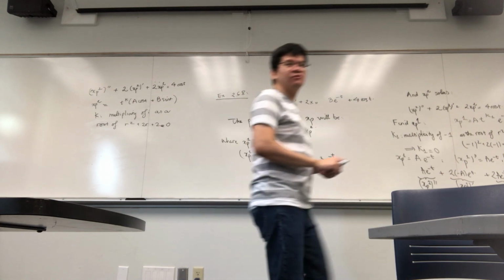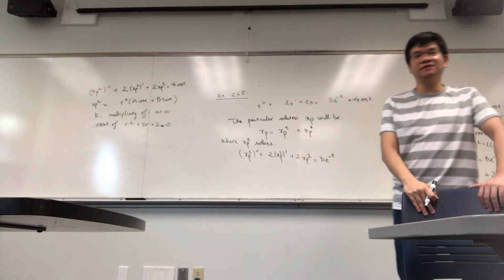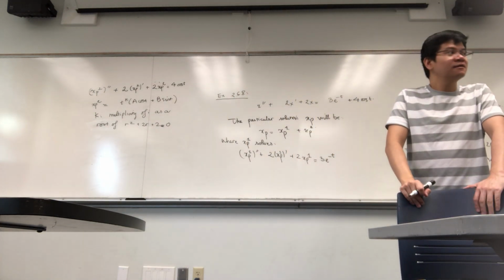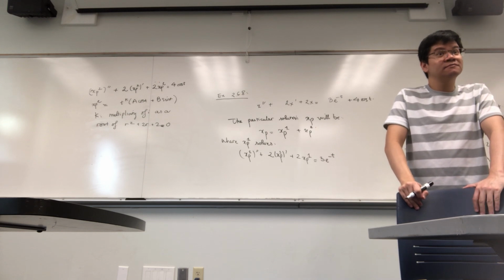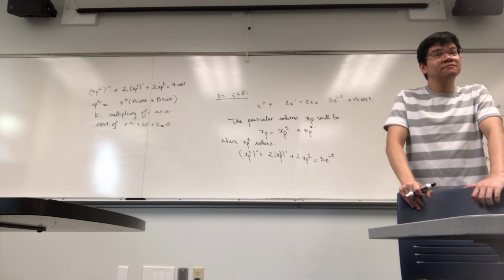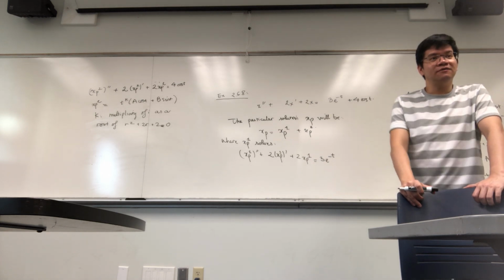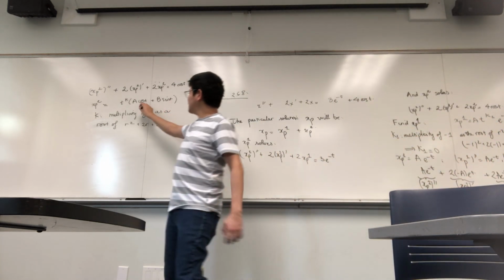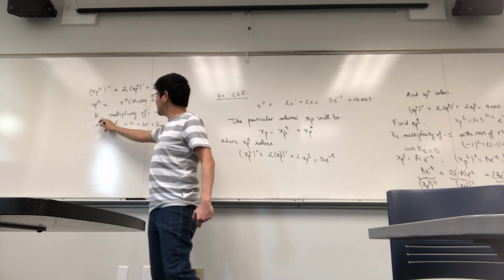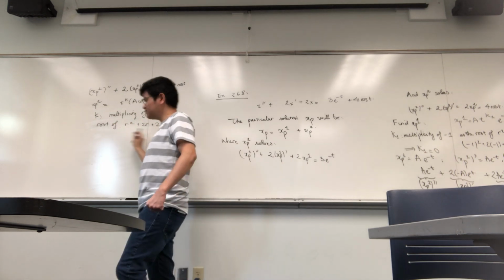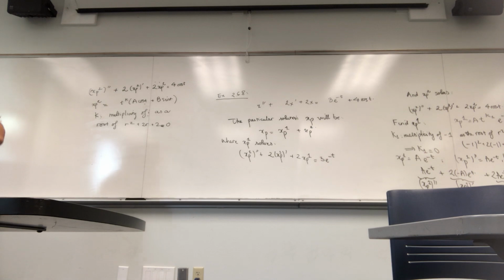So what is this multiplicity? You look at the 1 here, and you multiply with i. So k will be the multiplicity of i as the root of this equation. What is the value of k?